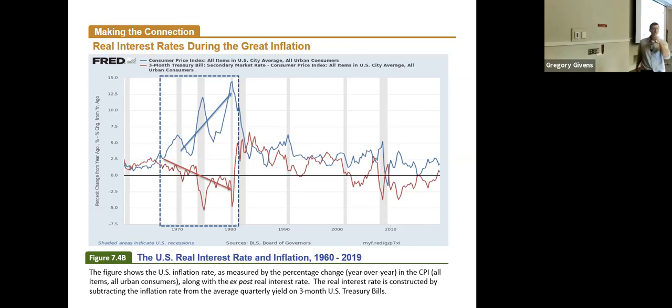Now, can we explain why this happened by viewing the data through the lens of the New Keynesian model? I would argue that we can, right? What does the last slide tell us is a potential source for rising and unstable inflation if the Taylor principle is violated?